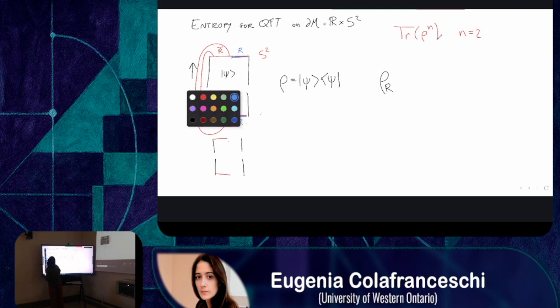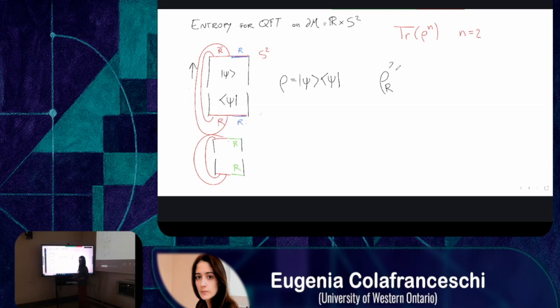I actually use the green for this region R. I glue the complement together as I did before. And now with this picture here, what I have is the trace of this density matrix squared.